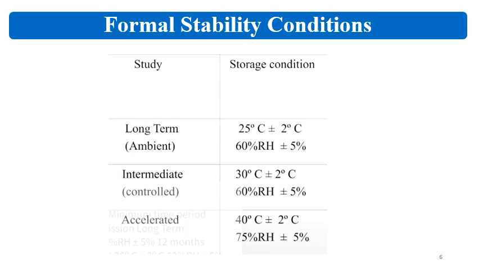Long-term condition involves stability storage condition as 25 degrees Celsius, 60% RH, then intermediate 30, 65, accelerated will be 40, 75, that is 40 degrees Celsius temperature and 75% RH.